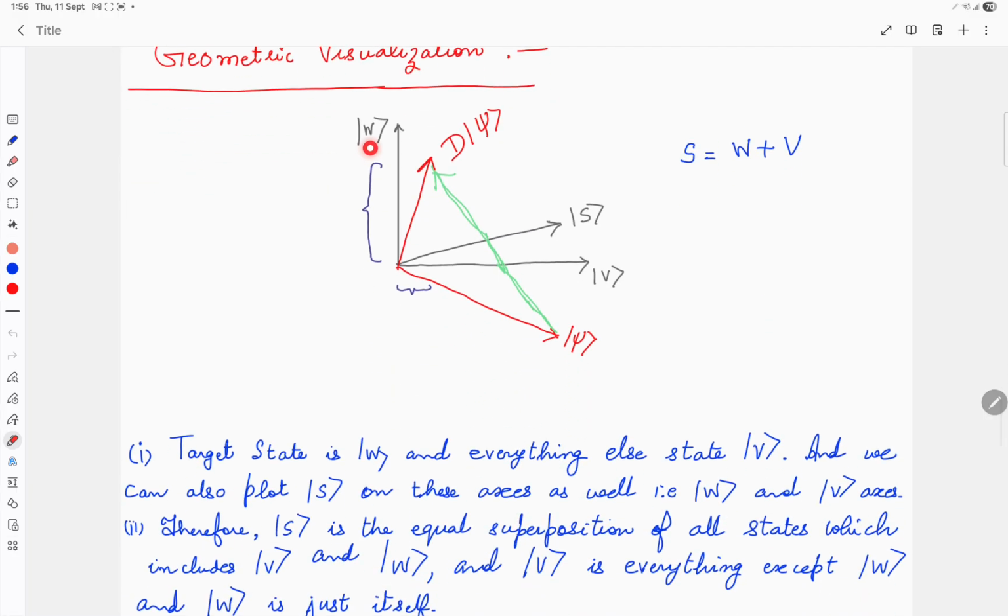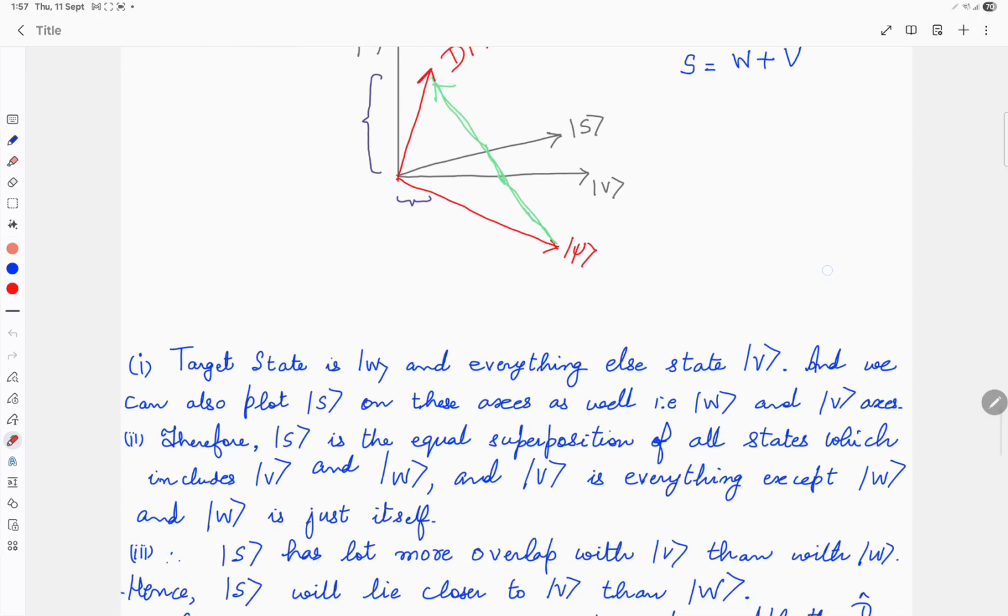We have two states, rather orthonormal basis axes: one is ket W and the other is ket V. Ket W is our target state. Ket V is everything but the W state. We have this equal superposition state ket S.